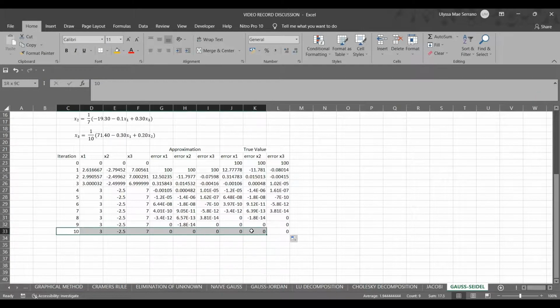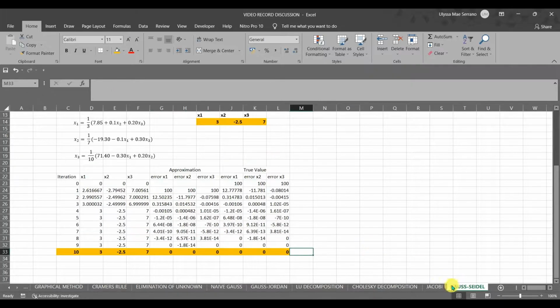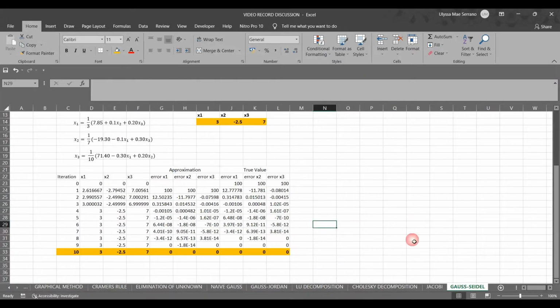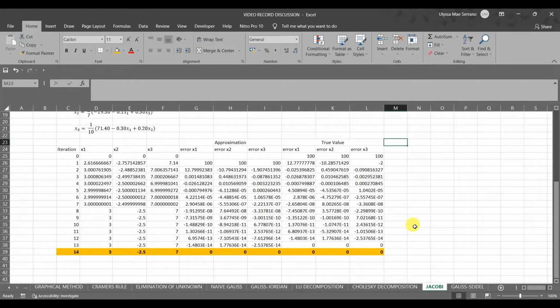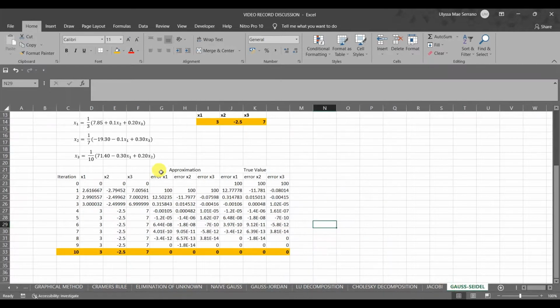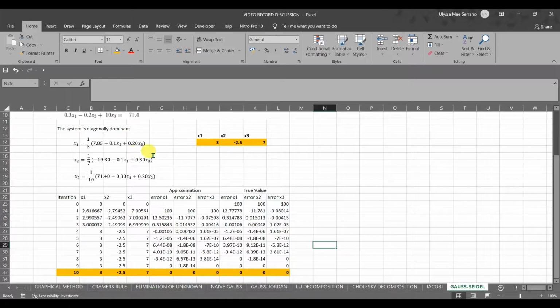On the 10th iteration, you will notice that based on Excel calculation, they already represented that the values of x sub 1, x sub 2, and x sub 3 have negligible error or zero error based on approximation and true value. So, mas concise or mas maiksi ang calculation ni Gauss-Seidel compared kay Jacobi. Even though they use the same equations based on the system's diagonal dominance.